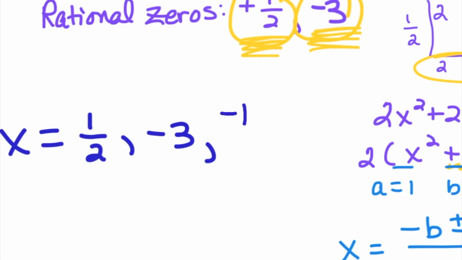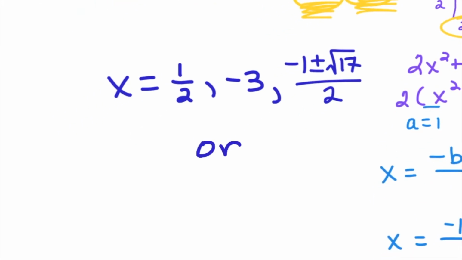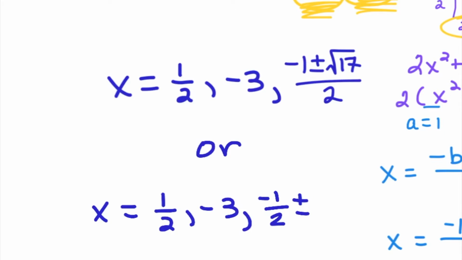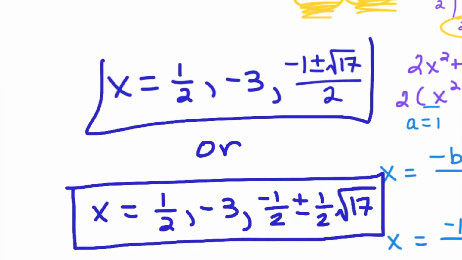Negative 1 plus or minus radical 17 over 2. Or if you really wanted to be picky, you could say x equals 1/2, negative 3, and negative 1/2 plus or minus 1/2 radical 17. And either one of those answers is acceptable.